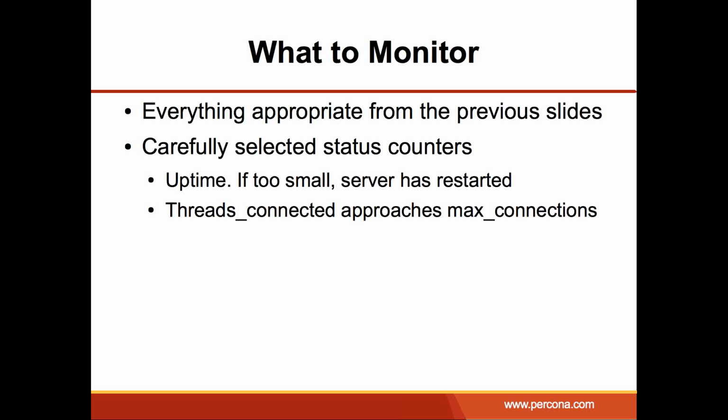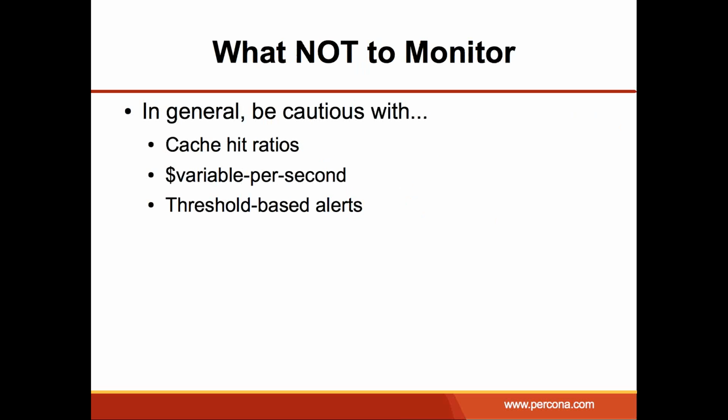Now, in contrast to the typical monitoring system for MySQL that seems to imply that you should be monitoring dozens and dozens of ratios and so forth, I suggest not monitoring those. I don't suggest monitoring cache hit ratios, buffer ratios, temporary tables per second created, all of those kinds of things.